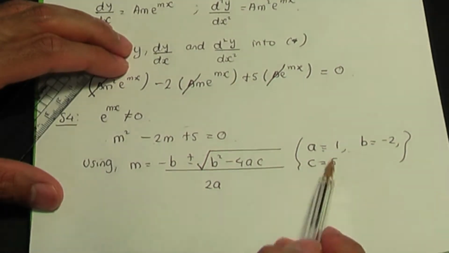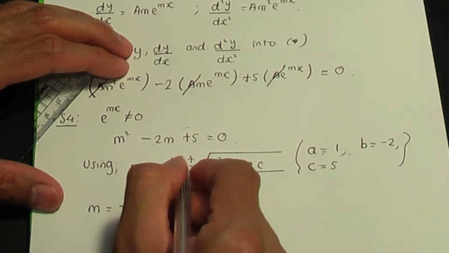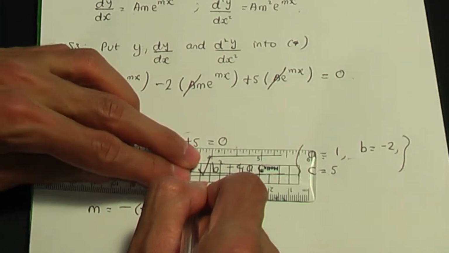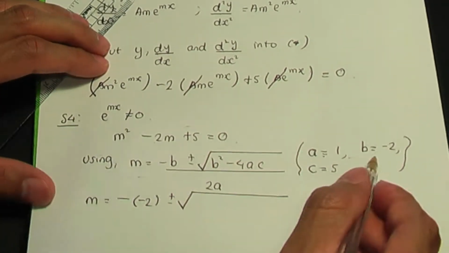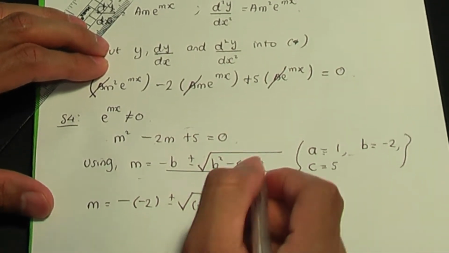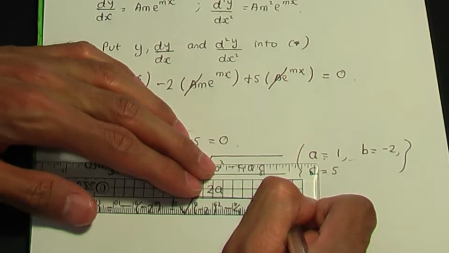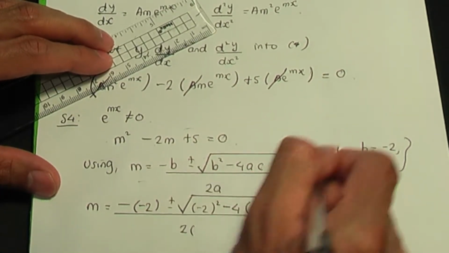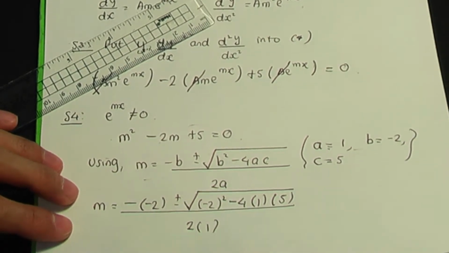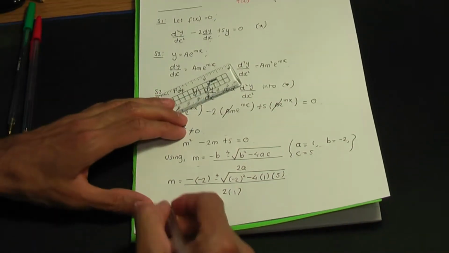So if I substitute a, b and c into the quadratic formula, we'll have m is equal to minus b, which is minus 2, plus or minus the square root of b squared, so b is minus 2, so minus 2 squared, minus 4 times a, which is 1, times c, which is 5, divided by 2 times a, which is 1. Okay, so if we simplify this, let's see what we have.